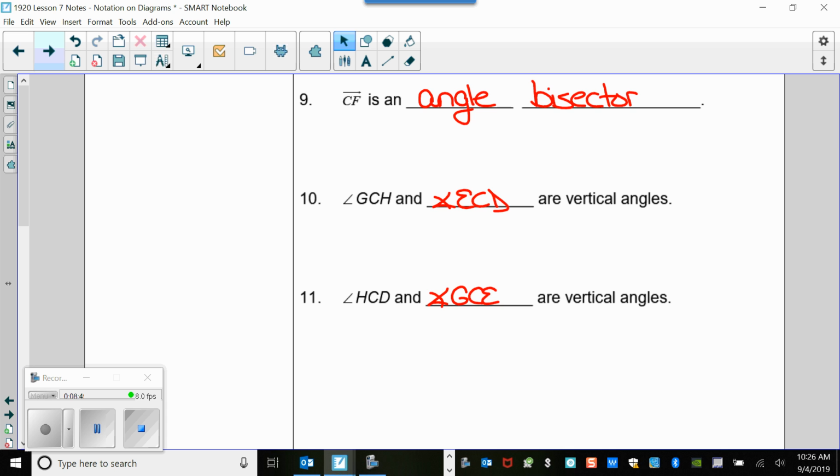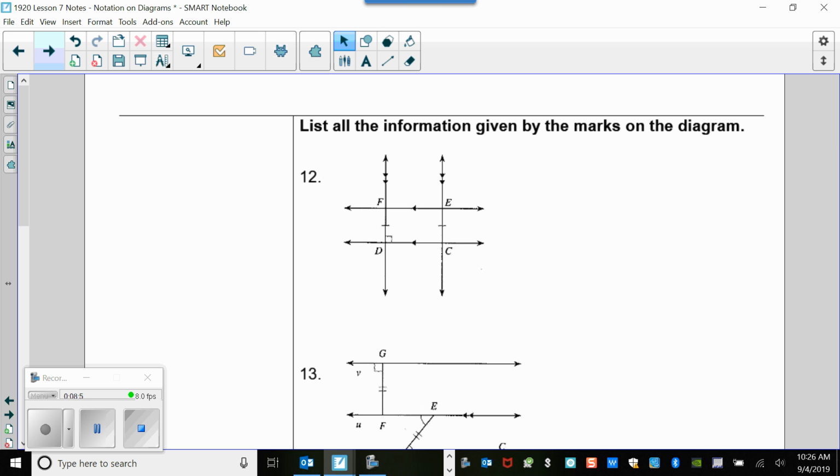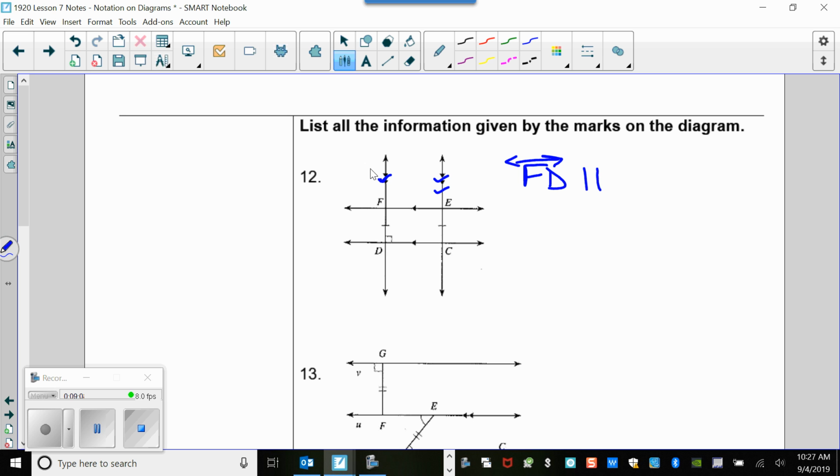Let's look at the next page. List all information. I like to take my colors and just go through. I see double carets. So that means that FD, and this is a line, is parallel to EC. I don't know why the board suddenly is not oriented well.